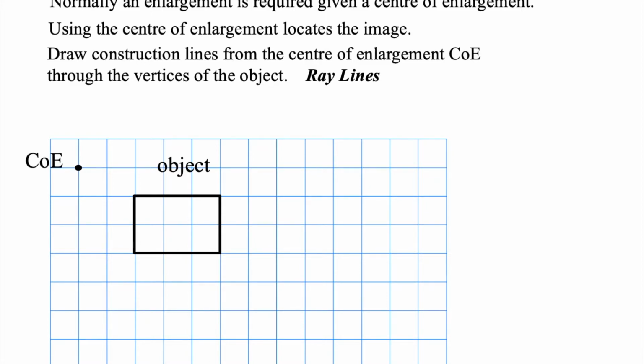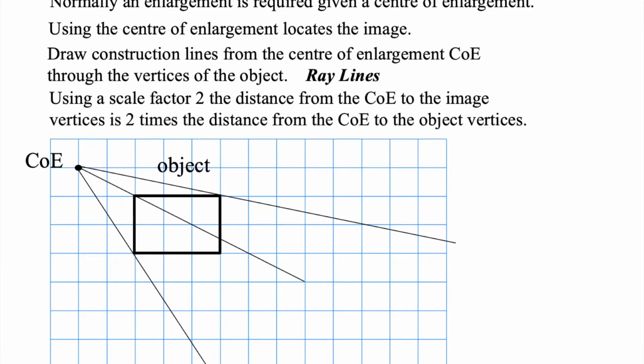So from our center of enlargement, you draw your first ray line or construction line through this point all the way, and you continue to do so going past the vertices, which is the outermost parts or the peak of any shape. In this case, to simplify it, you could just say through the corners of this rectangular shape.